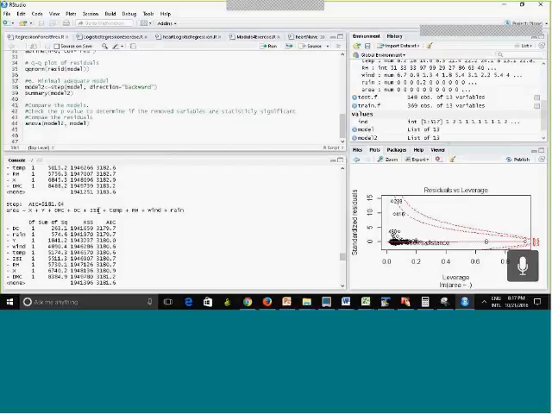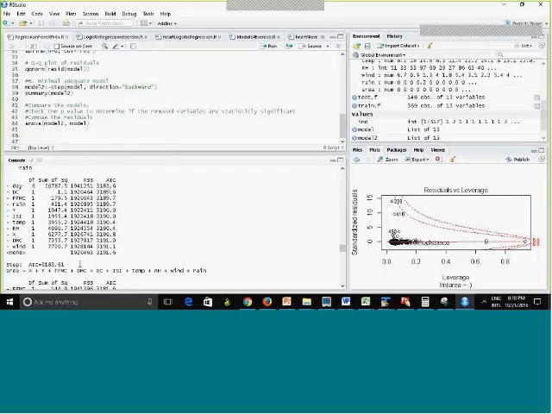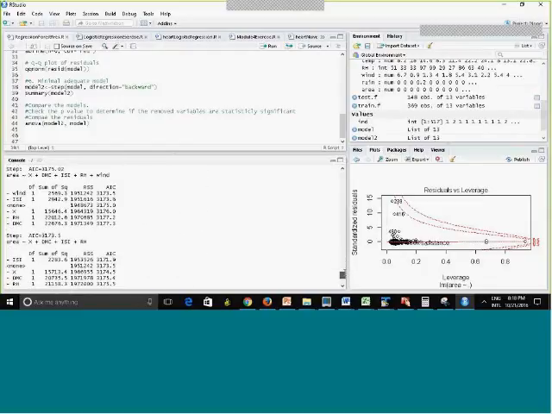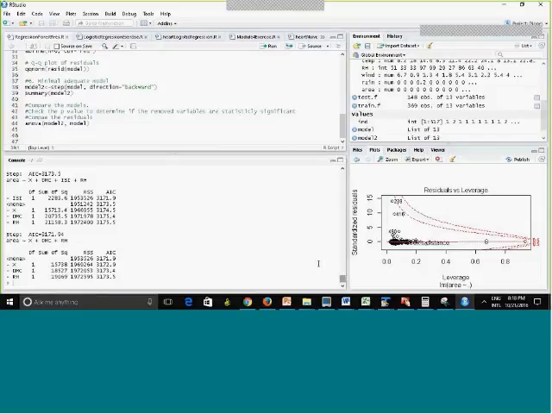Since there is still a difference, we remove, and we keep on going. And notice the last two iterations, there is no difference, right? So basically, these three variables are the most significant, and this is our model.